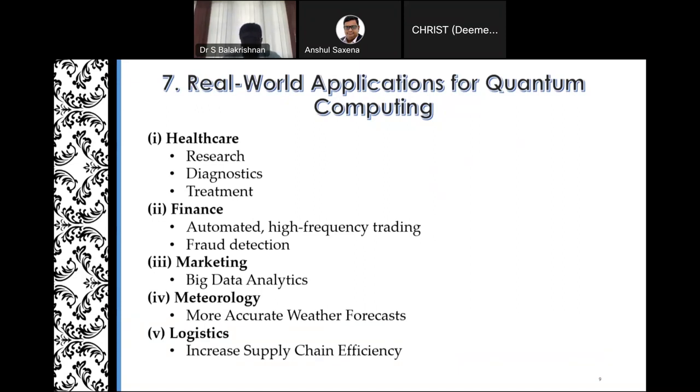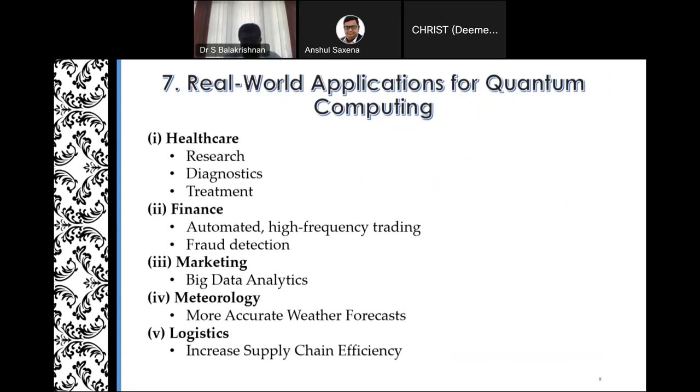The calculation and recalculation of optimal routes would impact applications as diverse as traffic management, fleet operations, air traffic control, freight and other distribution. So this is a very important application of quantum computing in terms of logistics.